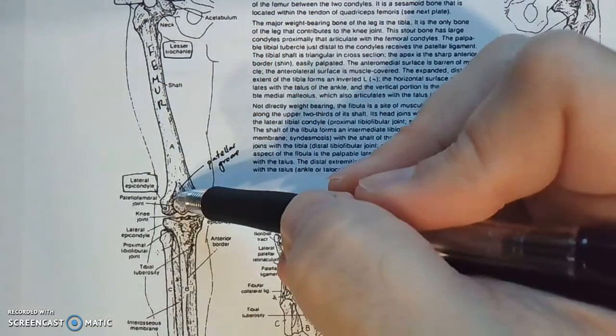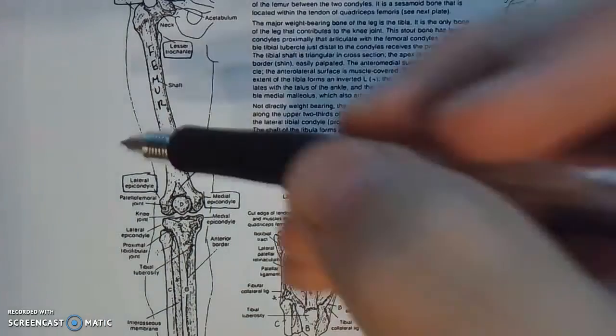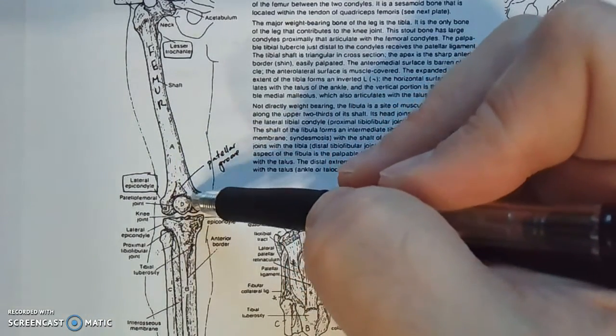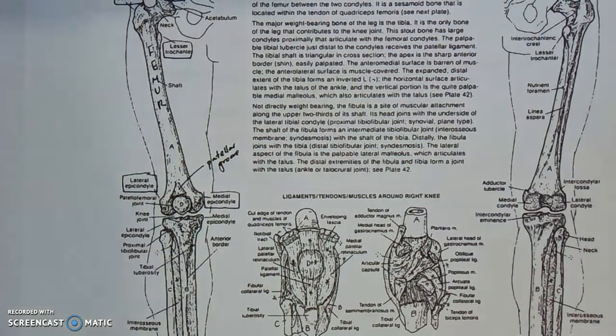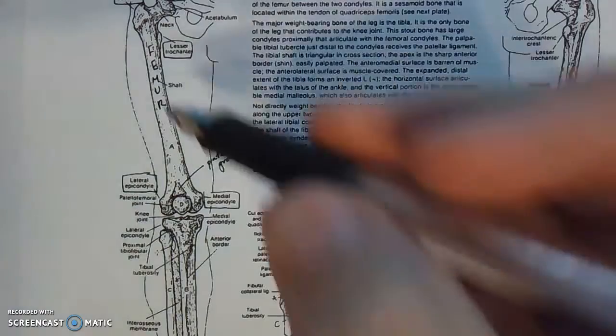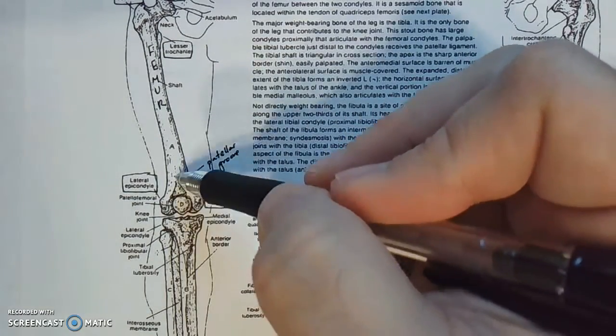And we actually have a rather large ligament and tendons that go up here that encapsulate the patella. So remember, the patella is a sesamoid bone, and it is encased in the tendons and muscles and the ligaments here within the knee.